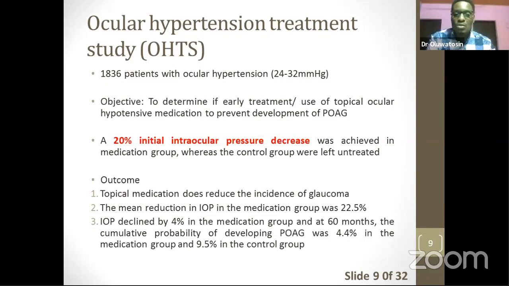Those that were placed on treatment had a 20% initial reduction in intraocular pressure with topical ocular hypotensive medications.